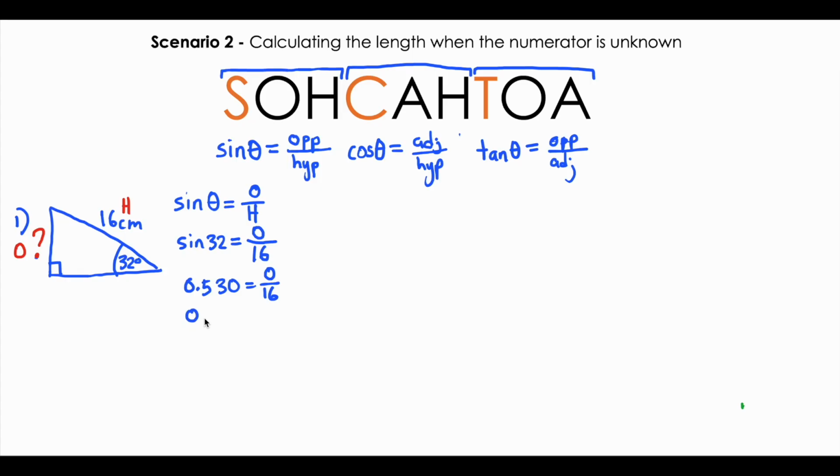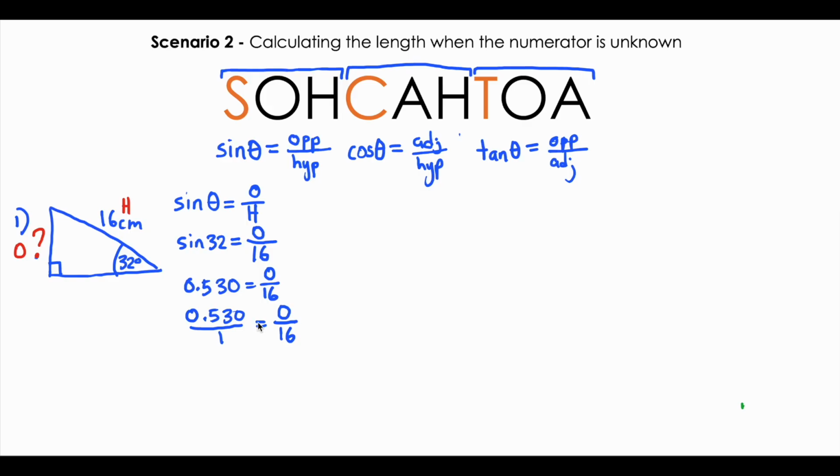Exactly. I'm making this a fraction because I want to do something we call cross multiply. I didn't do anything hard here. All I did is put sine 32 in the calculator, I got this, and I'm just writing this back over and over. I just wanted to make this a fraction so I can cross multiply.